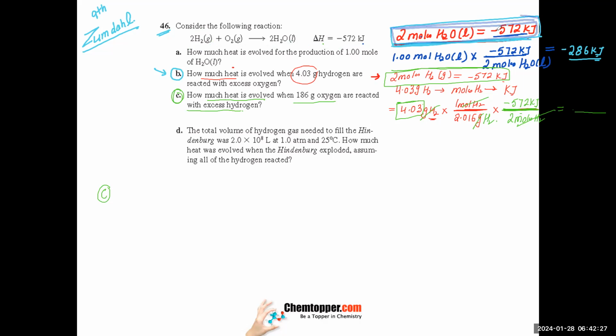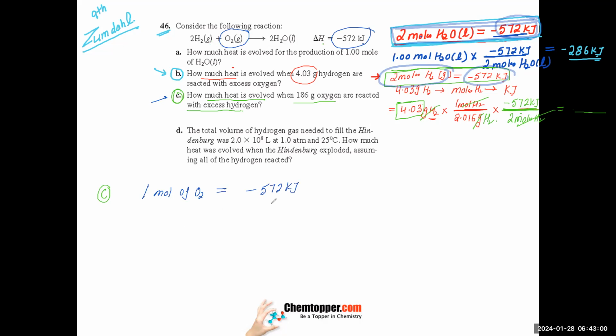Moles of water related to kilojoules, moles of hydrogen related to kilojoules. So what I know for the C part about oxygen and kilojoules, I know that 1 mole of O2 is going to release minus 572 kilojoules of energy.